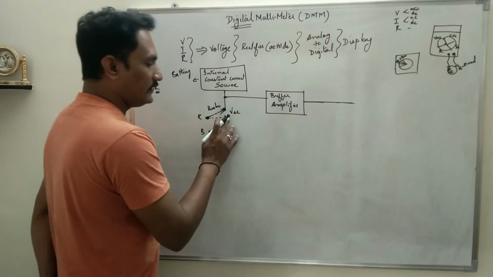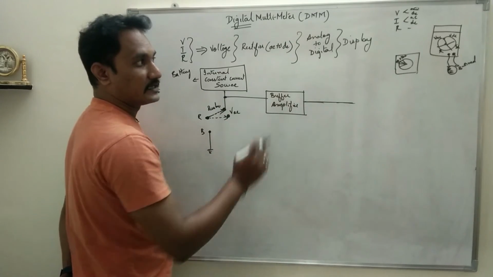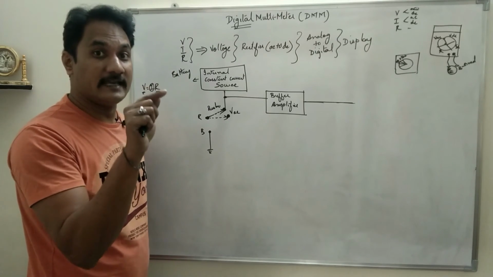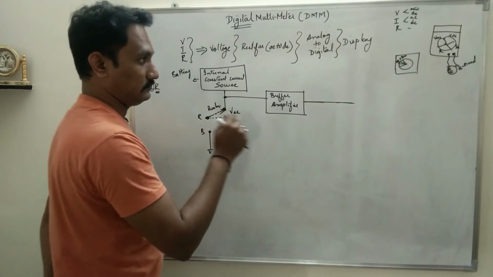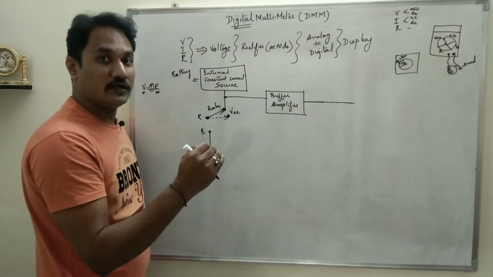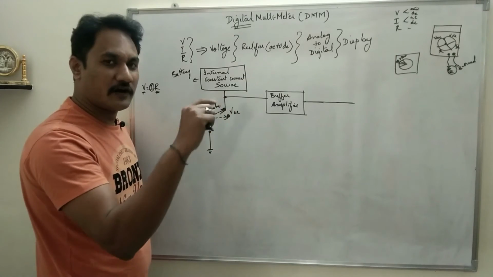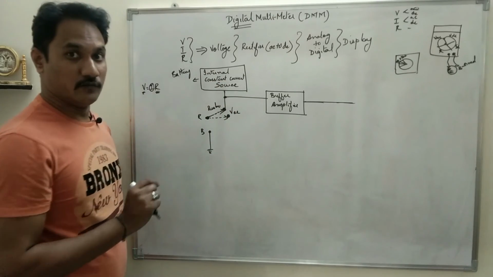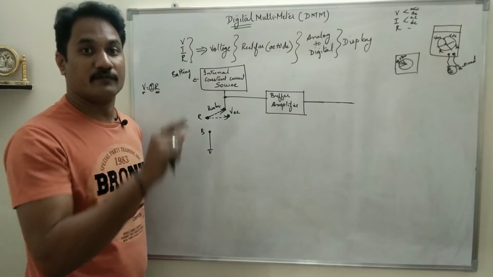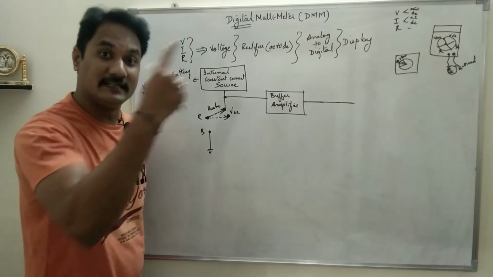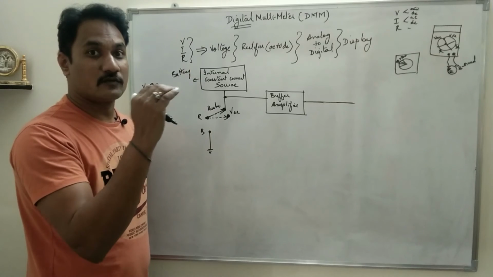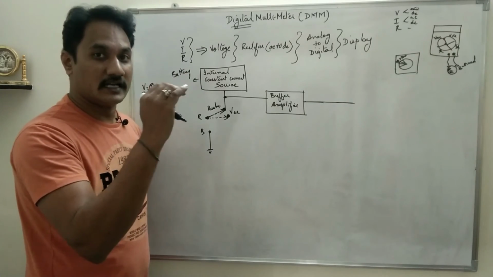So we don't measure that value directly, we attenuate that value in calibrated form. That means we measure 750 volt, but the value which enters the digital multimeter will be far less as compared to 750 volt, say 10% of that value goes inside the multimeter processes. While displaying, it will display 750 volt only. So that is what is called a calibrated attenuator.